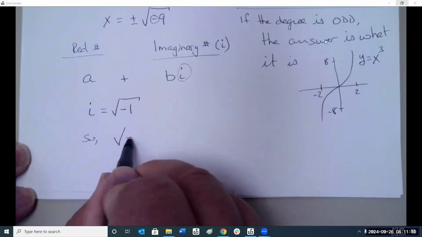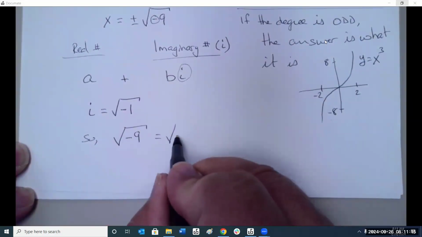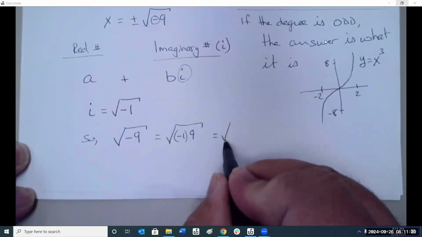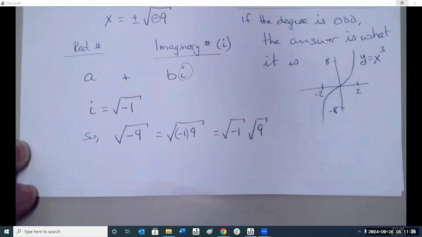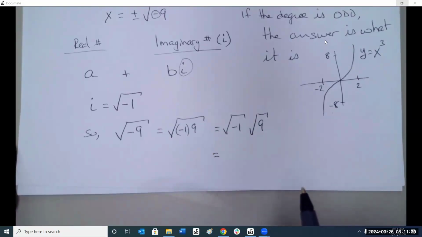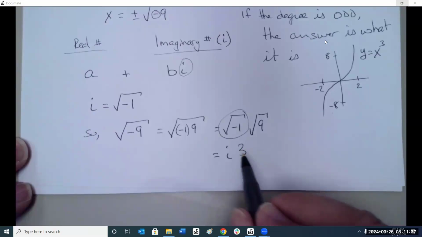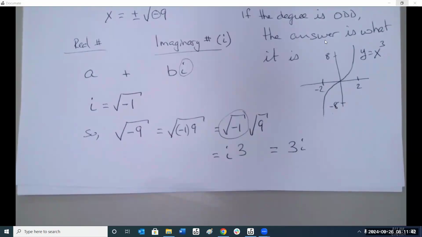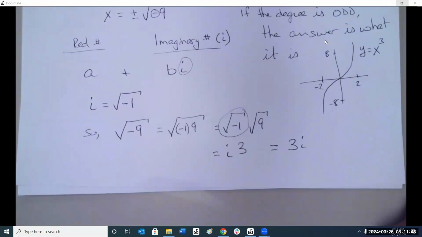So our answer, the square root of -9, we can split up to be -1 times 9, which expands to the square root of -1 times the square root of 9. The square root of -1 is i. The square root of 9 is 3. So the answer is written as 3i. Because now we have no limit in what we can solve.